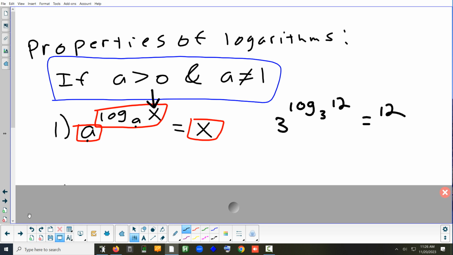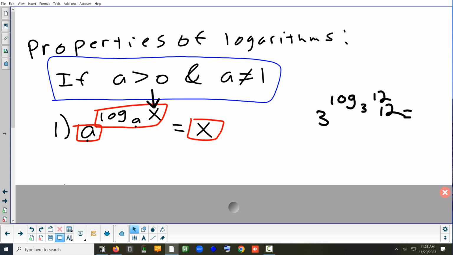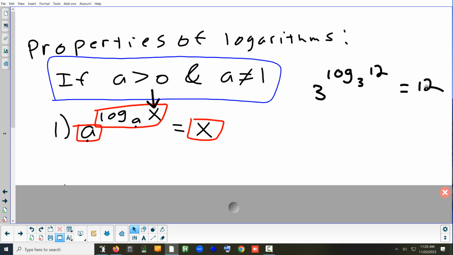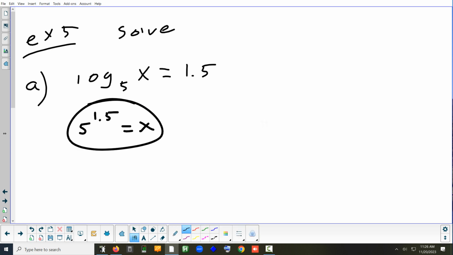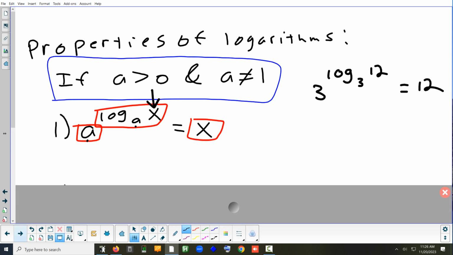Now, let's look at that one and see why is that true? What kind of equation did we just say it was? Log or exponential? Exponential. That's exponential. So then let's change it to log form and see what happens. Okay, so we're going to change it to log form.